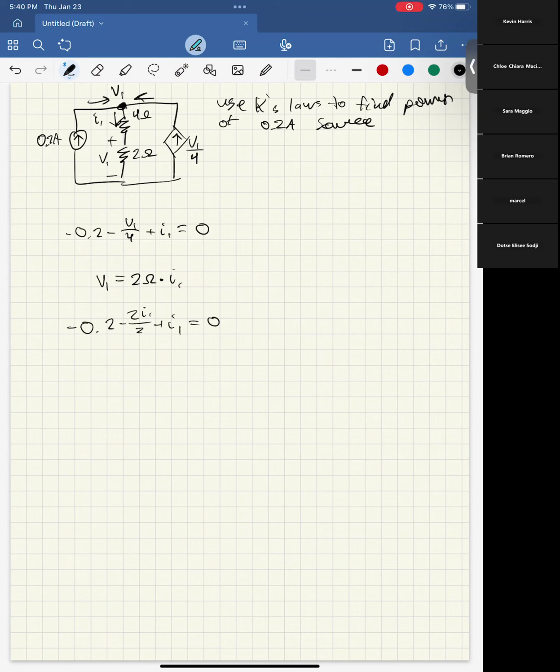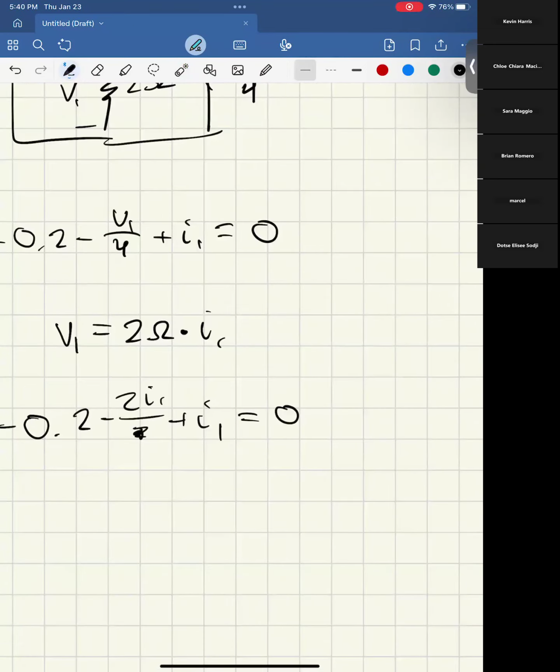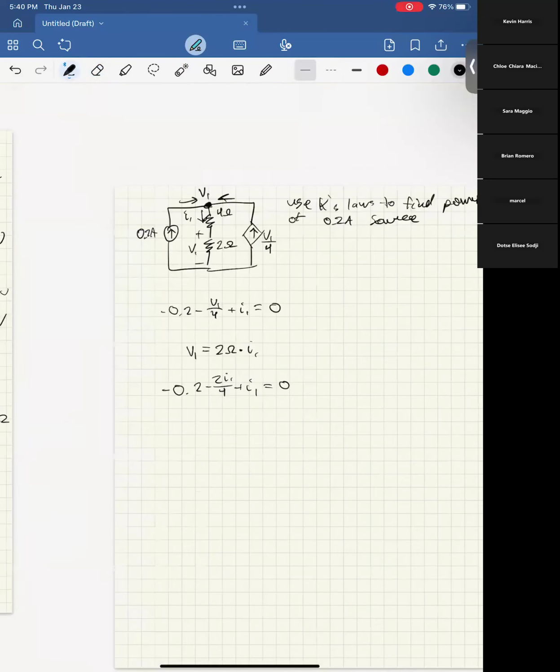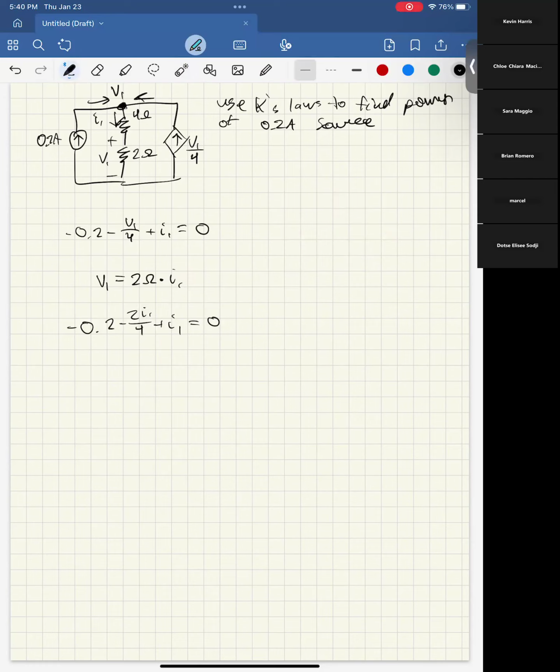Because this is a 4, not a 2. That would do it. Okay, so then we have minus 0.2 plus 1/2 I1 equals 0. If we do algebra, you'll get I1 equals 0.4.